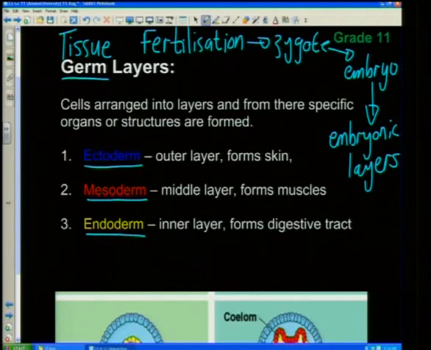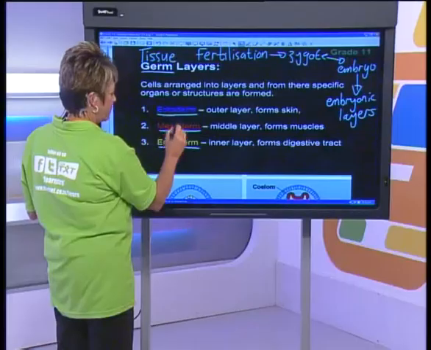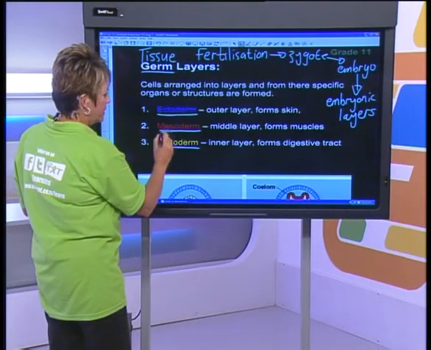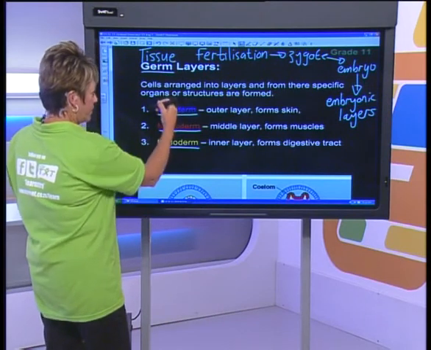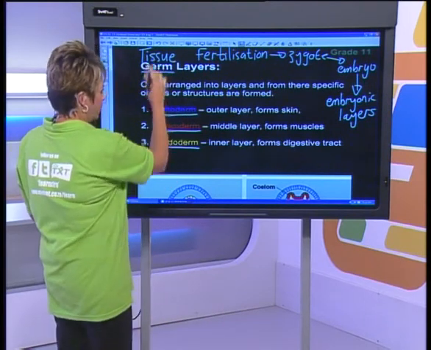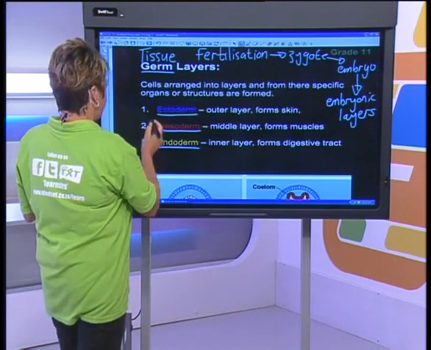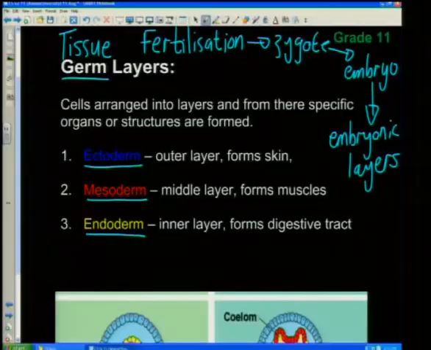Right, first of all, ectoderm means outside. Ecto means outside. Meso means middle, and endo means inside. So those three layers are the three tissue layers. Now, animals with two, all right, let's take 1 and 3.